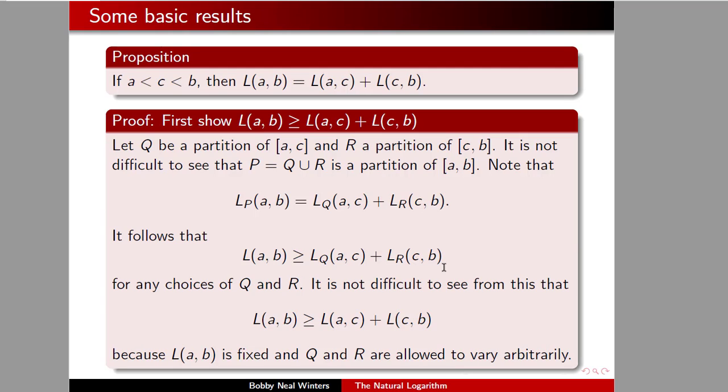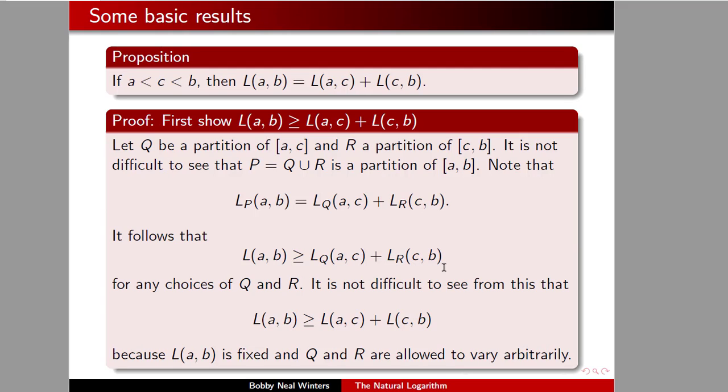So let's start off. Let Q be a partition of AC and let R be a partition of CB. It's not difficult to see that if we take the union of Q and R, that will give us a partition P of AB. Note that LP of AB is equal to LQ of AC plus LR of CB.